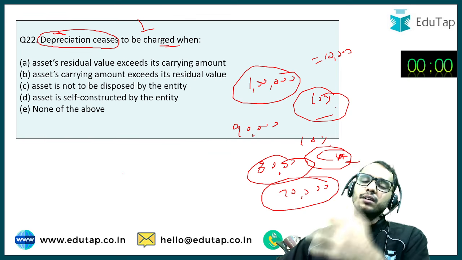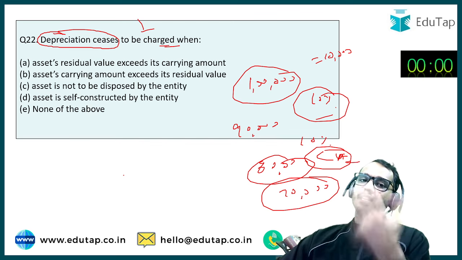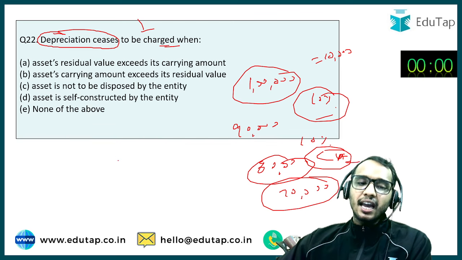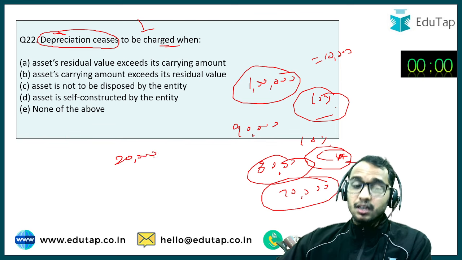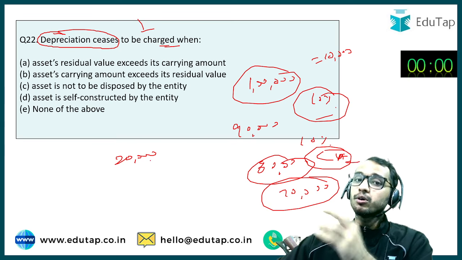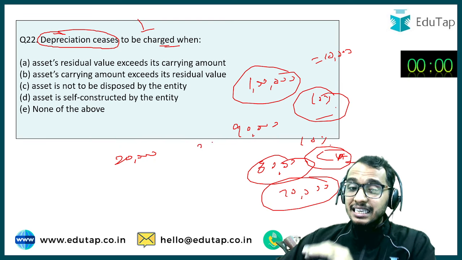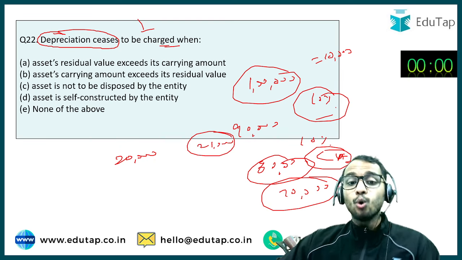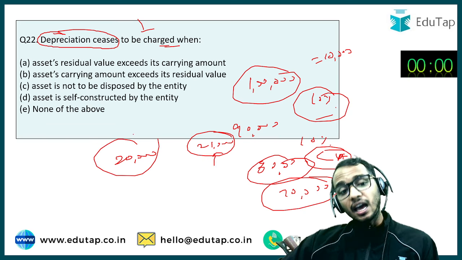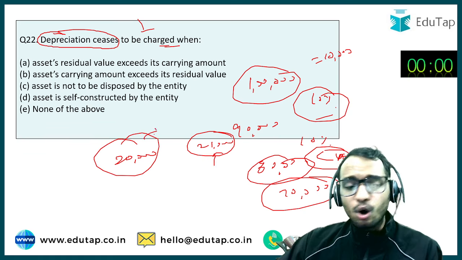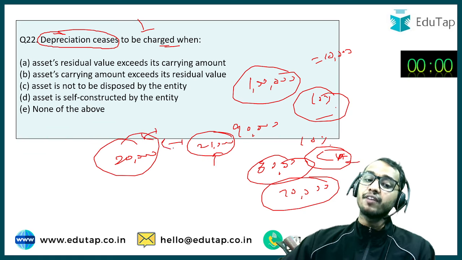Suppose after charging depreciation year by year, the carrying value is 20,000. Now the scrap value that you are going to get is 21,000. Oh, scrap value is more than the carrying value. Now you will not charge the depreciation because your scrap value is more than this.